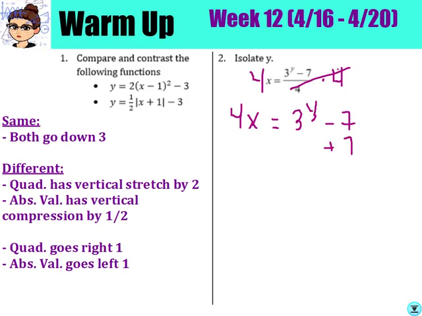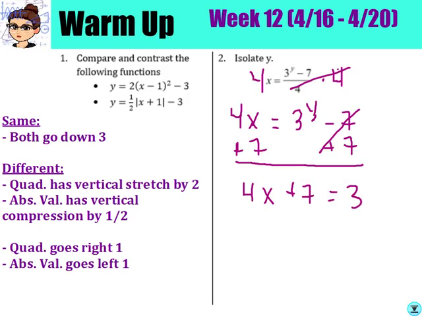Now I'm going to add 7 to both sides. That is addition. 4x plus 7 is equal to 3 to the y. And now, just like in our exponential equations, when we're solving for them, what we want to do now is go from exponential form to logarithmic form.